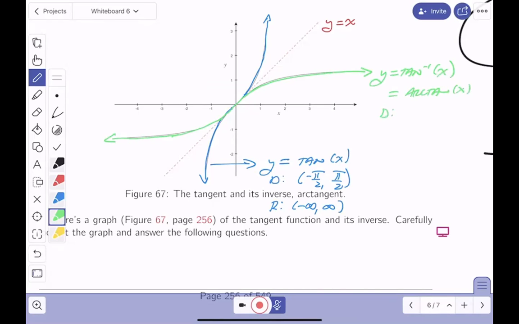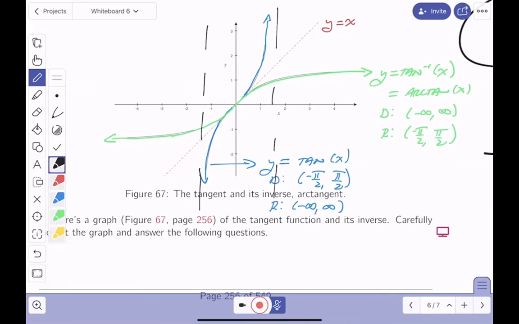What's its domain and range? Couldn't be easier. Its range is going to be the domain of tangent, so minus pi over 2 to pi over 2, and its domain is going to be the range of the tangent, which is minus infinity to infinity.